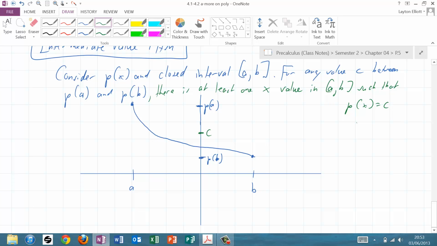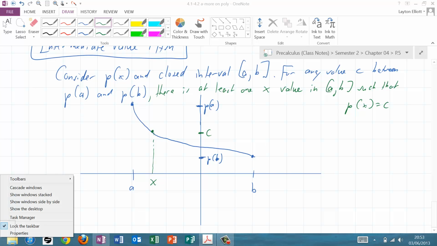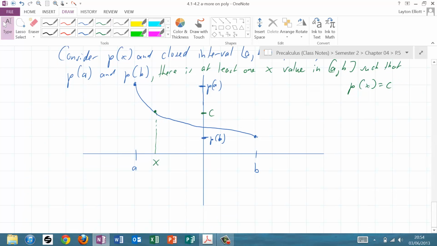Well, according to this graph, I can find it. It's actually right here. And here's an x. So this actually means that there has to be something in between. The intermediate value theorem is called the in-between. It just means that in between 2 points, you cover everything in between those, for x and for y, as long as they're connected. So let me give an example of this.